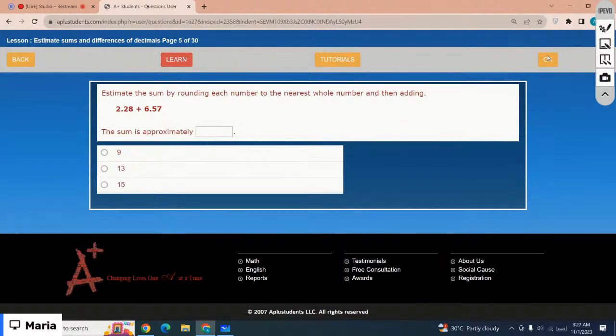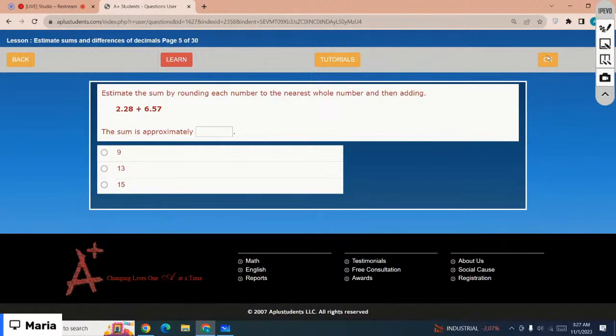Estimate the sum by rounding each number to the nearest whole number and then adding. So which is the correct option? 2.28 plus 6.57, which is the correct option? 2.28 is rounded to 2, right?